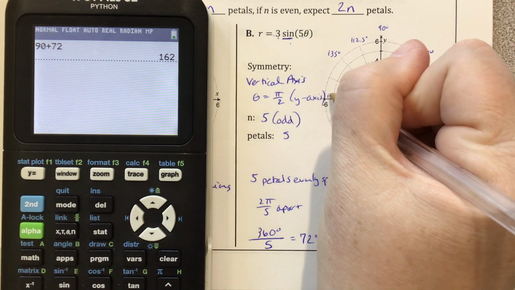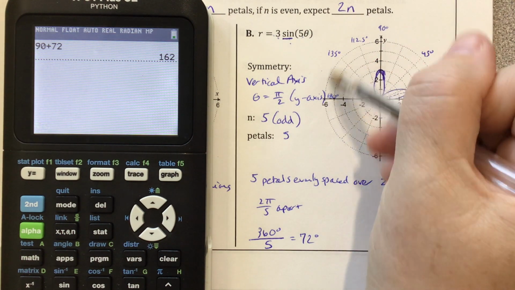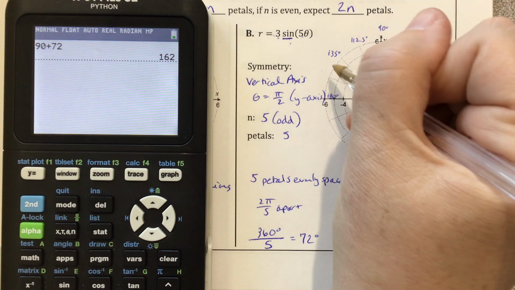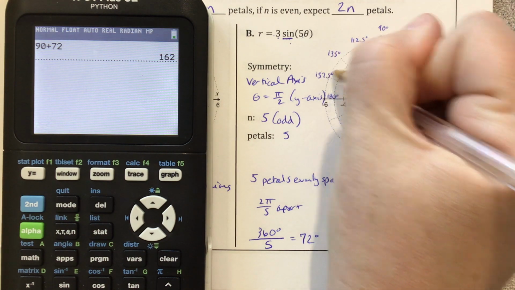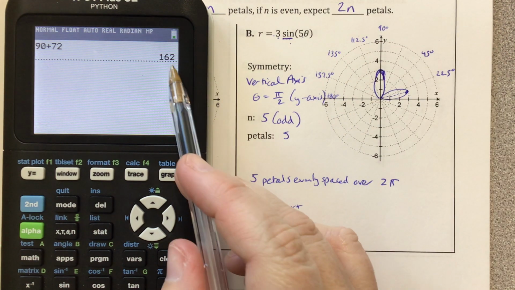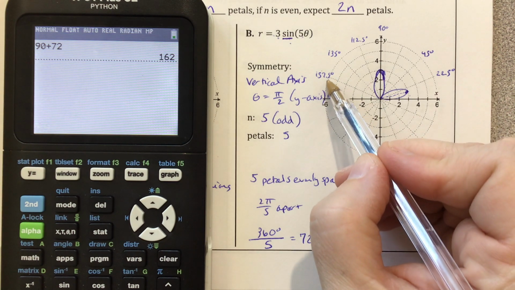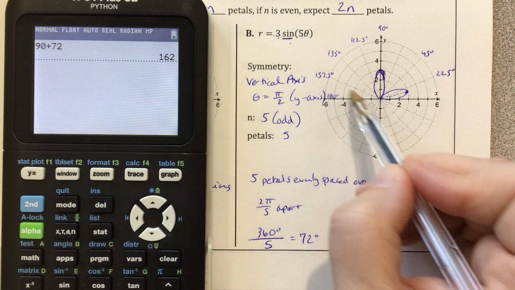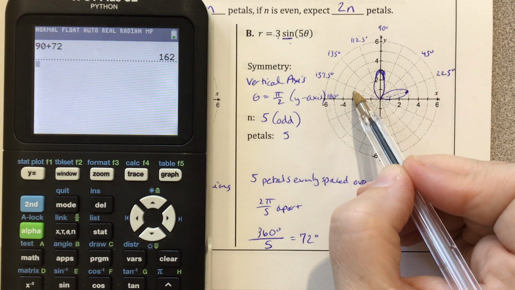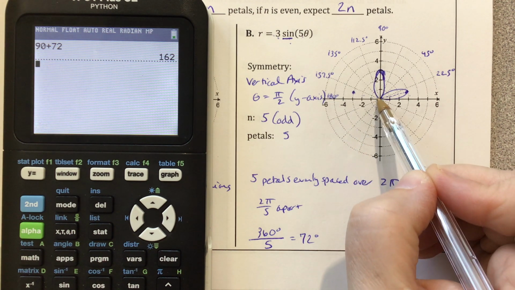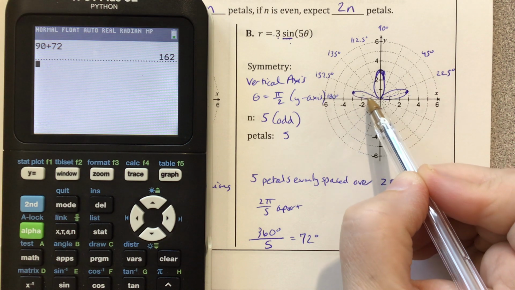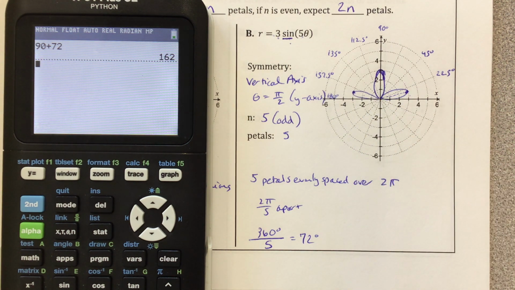This is 180 degrees. Right in between 135 and 180, I have 157.5 degrees. I'm looking for 162. So I'm going to be a little bit further than 157. So I'm going to go out 1, 2, 3 out on the angle measure 162. And I'm going to graph that into a petal.